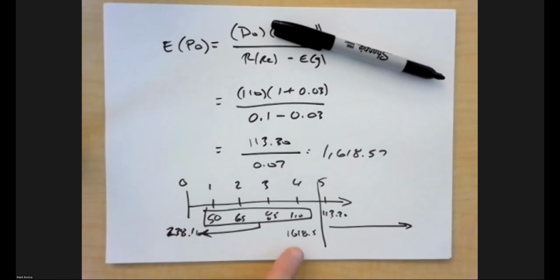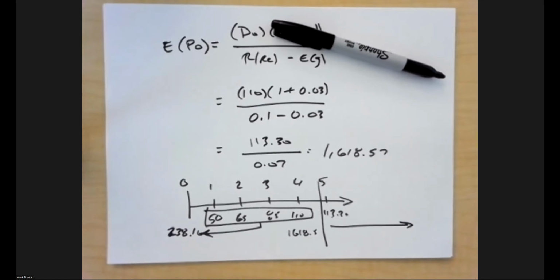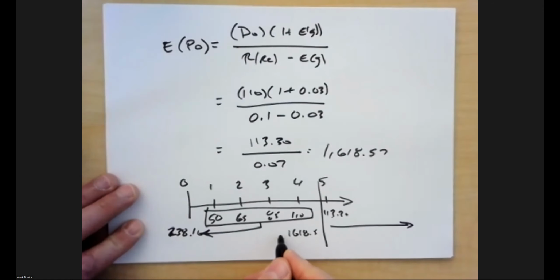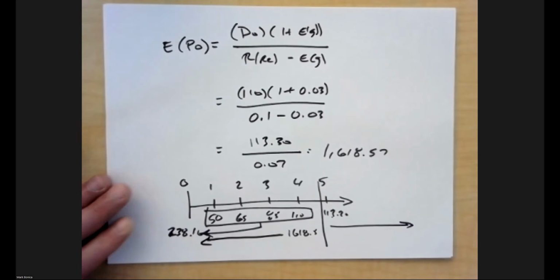So how do I figure out what this is worth today? $1618 is a future value, and I want to know the present value. So what am I going to do? I've got to bring that 1618 back to the present.